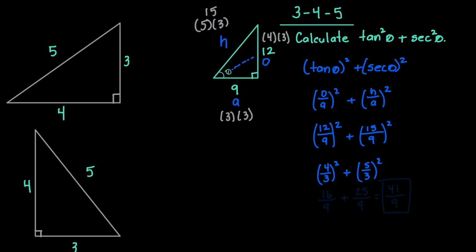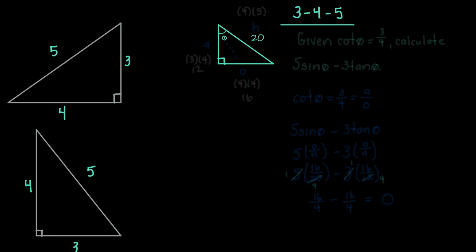The square fraction means we square both the numerator and the denominator. So this is 16 over 9 plus 25 over 9, which is 41 over 9, which cannot be simplified any further. Let's look at our last example with our special guest 3, 4, 5.